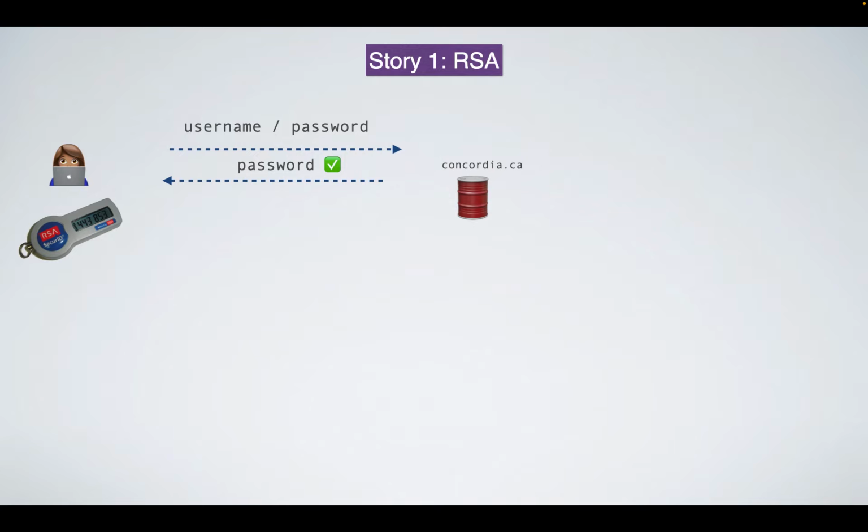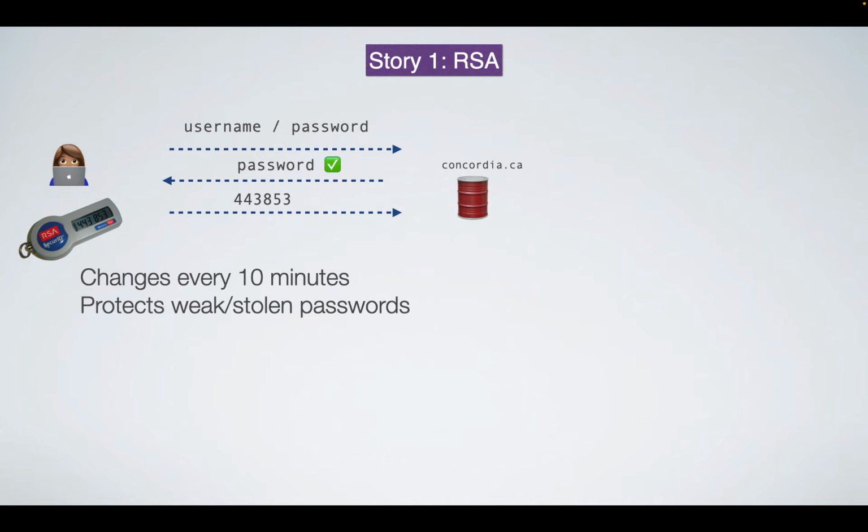So the start of it is the same as a normal interaction. I still have a username and a password, and I send that. Concordia knows my password, or rather a hash of it, so they'll hash my password, compare it to the stored hash, and decide whether the password is correct. Then I'll be invited to enter the PIN, or the code that's on this thing.